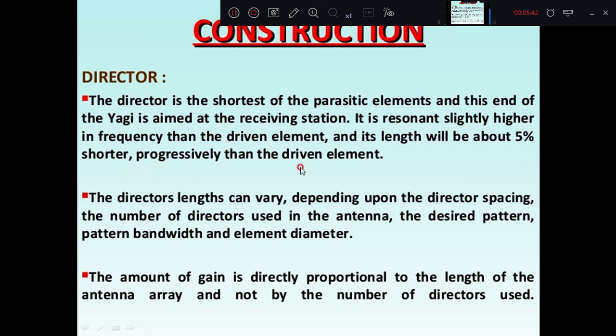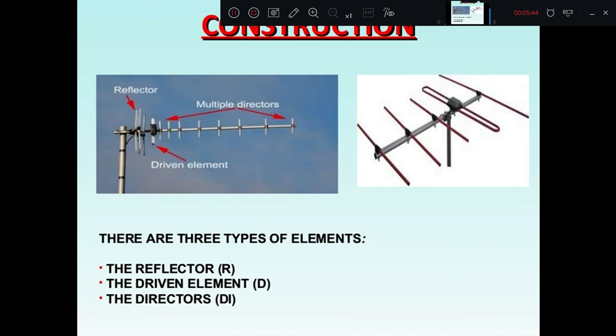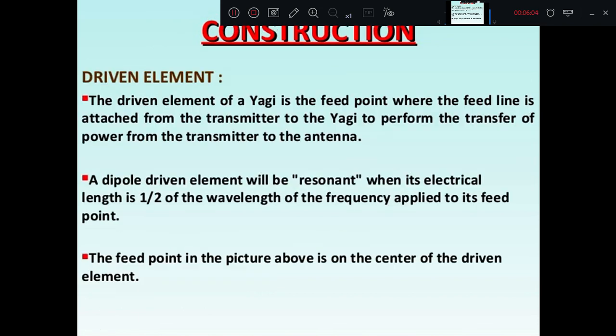So the length will be 5% shorter. You can observe here, this is the driven element. See the length of this driven element as well as the length of each director. The lengths of these directors are 5% less than the length of the driven element.